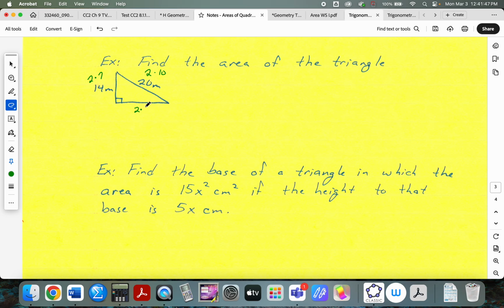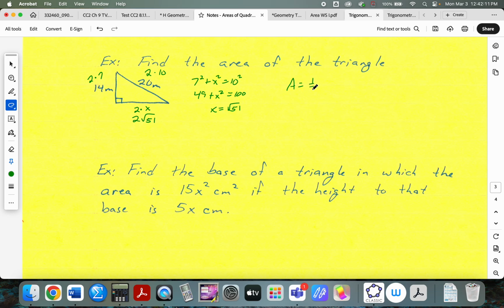This is going to be 2 times x. 7 squared plus x squared is equal to 10 squared. 49 plus x squared is 100. So x is the square root of 51. So the base is 2 square roots of 51.